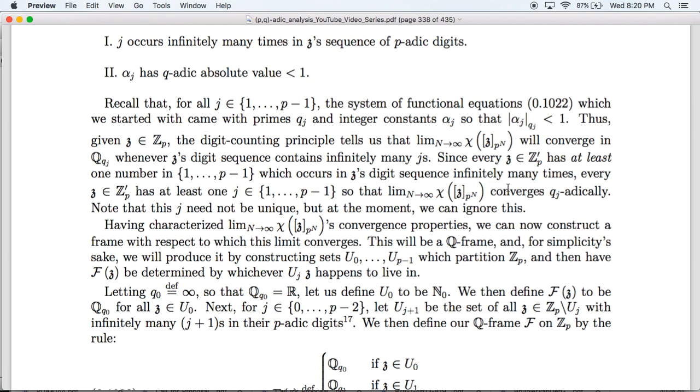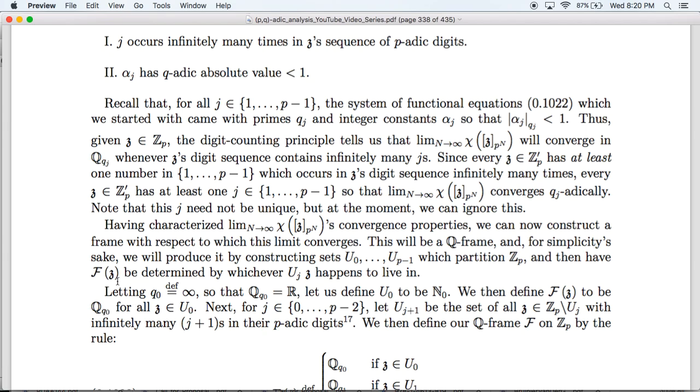So the way we're going to do this, just as a recipe for constructing a particular frame, is we're going to produce a Q frame by constructing sets which partition Z_p, and then we'll determine what the frame should be based on what set z happens to be in.